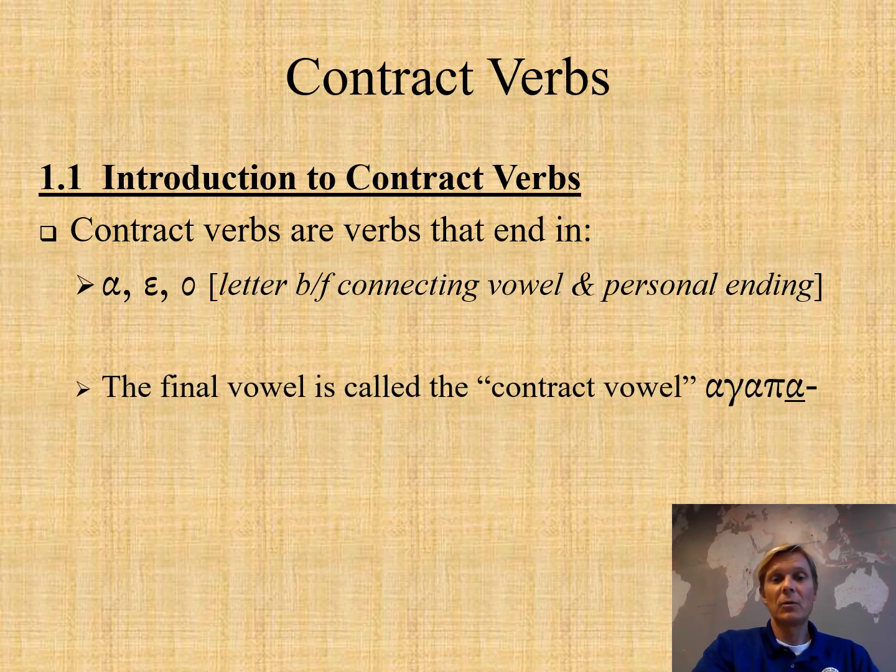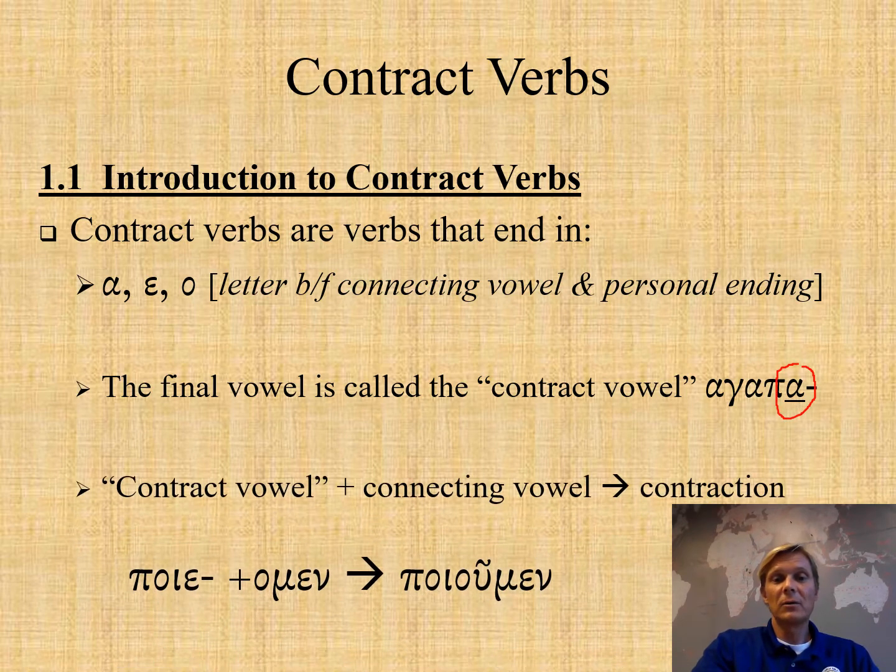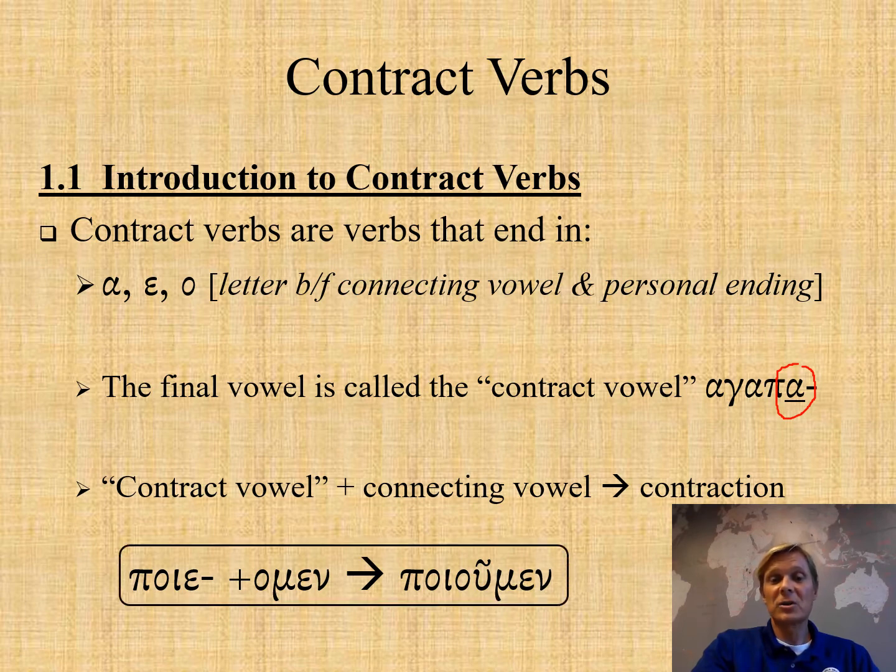The final vowel here is called the contract vowel. The contract vowel comes before the connecting vowel and collides with it, and then there's a sort of contraction, which makes the final combination of vowels slightly different from our regular vowel pattern.